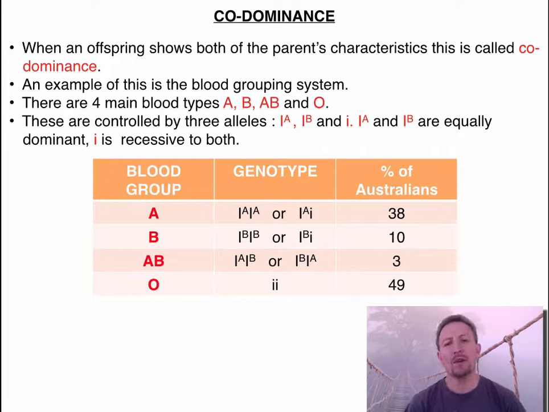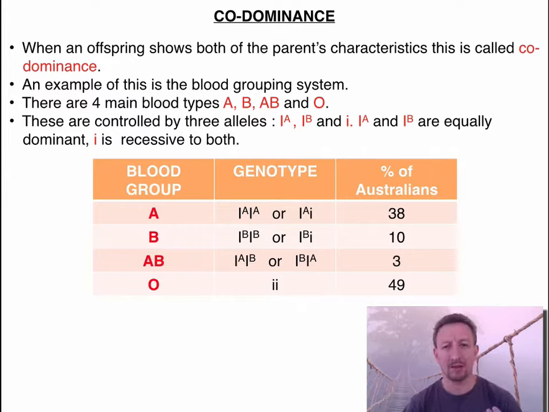Finally, if you had two recessives come together, then you would be blood group O. You can see the percentage of Australians on the right hand side, which shows that we've got 38% in blood group A, 10% in blood group B, 3% are AB, and 49% are O. What that then means is that you can only give certain blood groups to specific people.